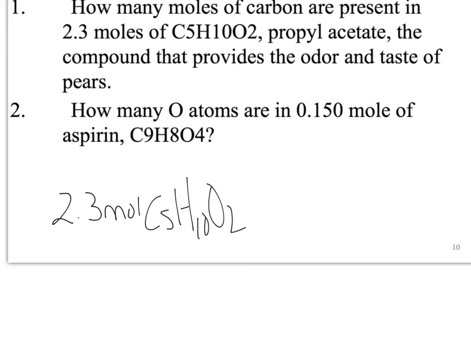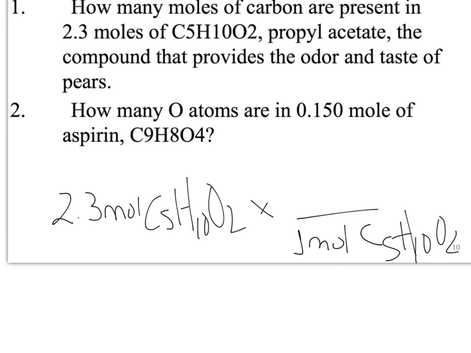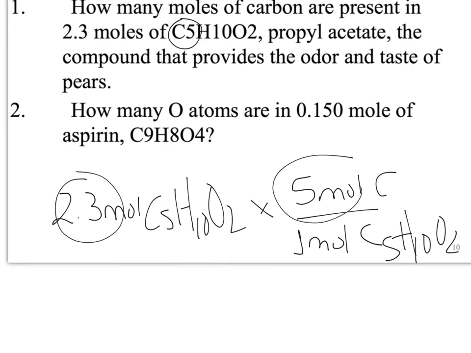And we need to know how many moles of carbon. So we know that in 1 mole of this compound, we have 5 moles of carbon. So what we do, we multiply this times this, and the answer will be 11.5 mole of carbon.